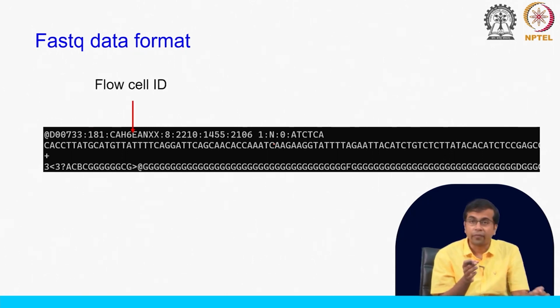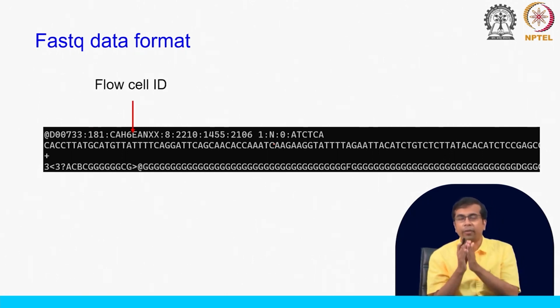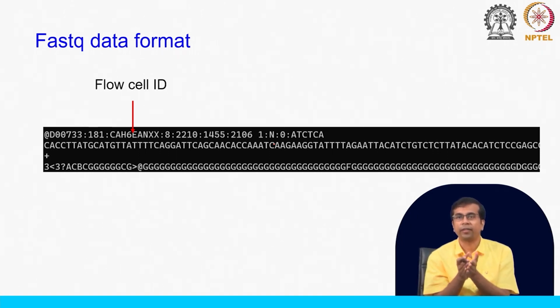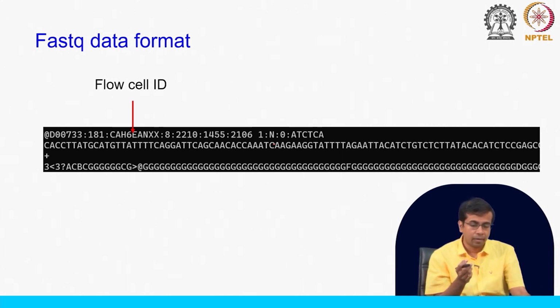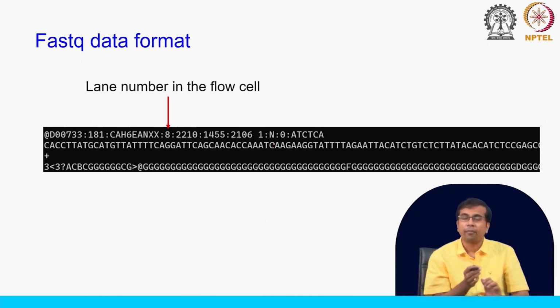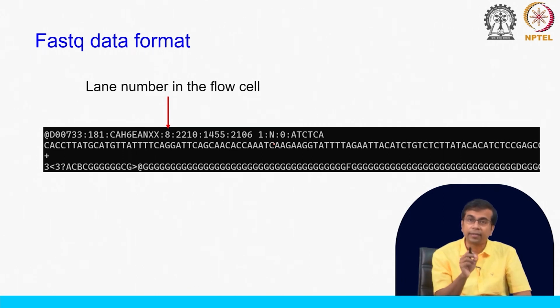Then you have the flow cell ID. Hopefully you remember the concept of flow cell: all the sequencing in Illumina is done on flow cells, and every flow cell has a unique ID. Then you have the lane number in the flow cell. If you remember the figure, you have multiple lanes, and this is the lane number, 8 here.